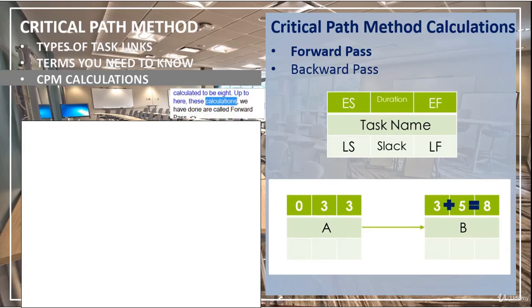Up to here, these calculations we have done are called forward pass.